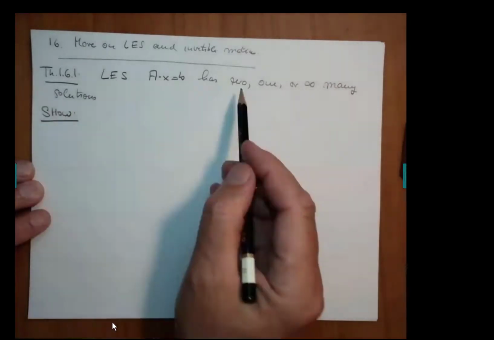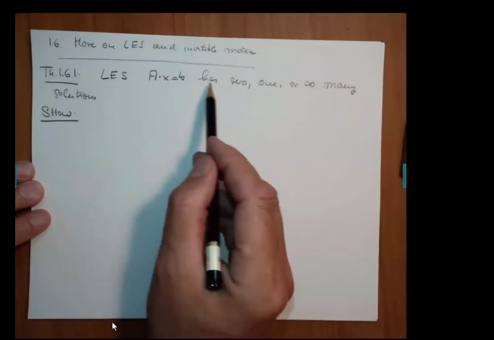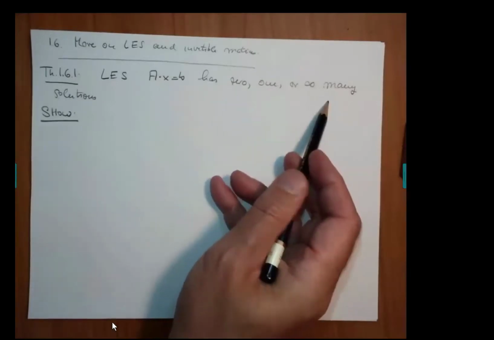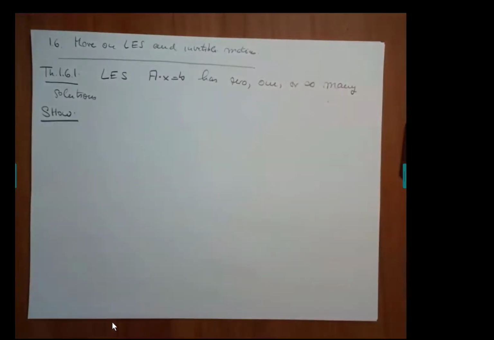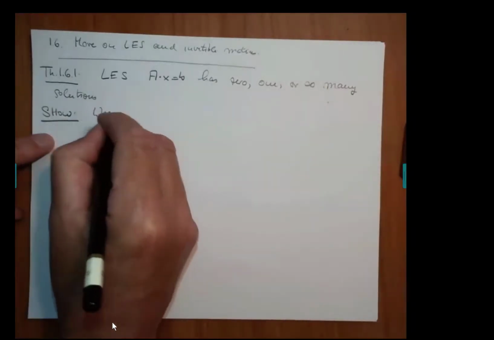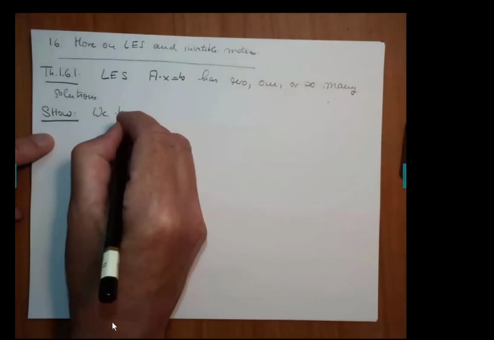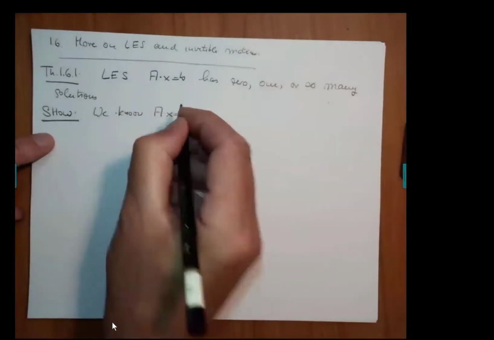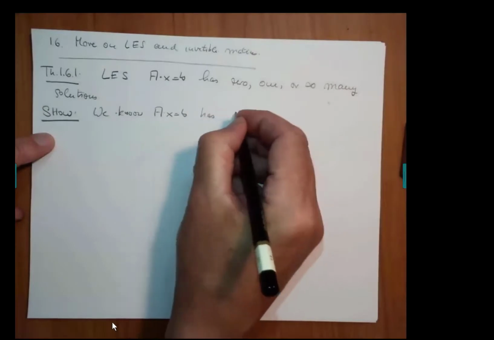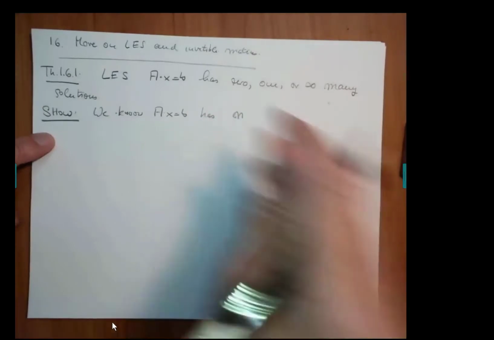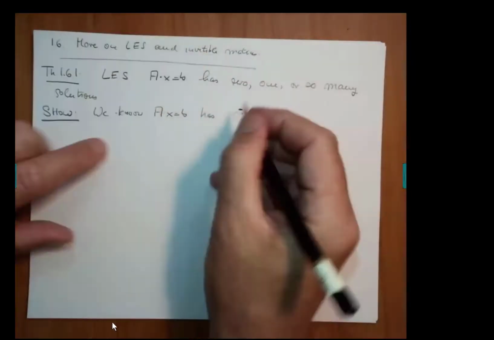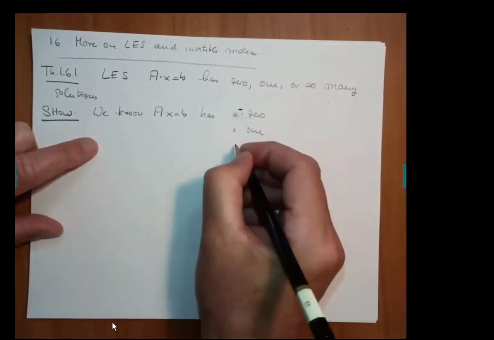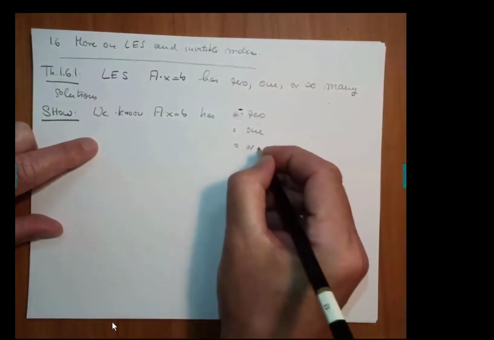What is clear is the number of solutions is either 0, 1, or more than 1. I mean, that's clear. What else should happen? So we know AX equal to B has, I write 0 again instead of no, has either 0, 1, or more than 1.